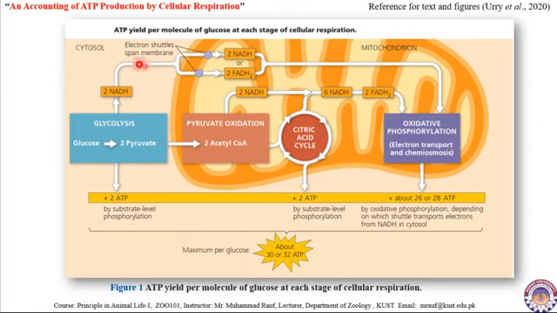So it also requires energy to transport an ATP molecule to the outside, and similarly the ADP molecules from the cytosol are also brought inside, so it also requires energy. So because of those reasons, the exact figure of ATP production from the complete oxidation of a single glucose molecule is not given.